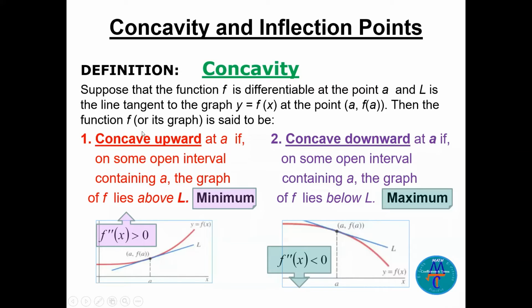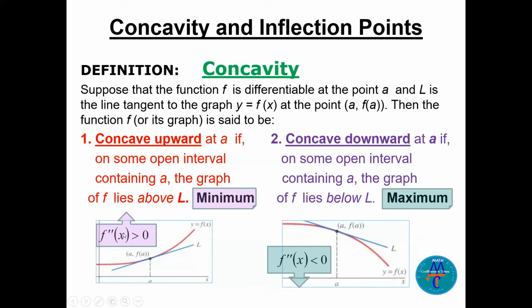Then the function f is said to be concave upward at A if on some open interval containing A, the graph of f, the red one, lies above the line here. See, that's concaving up. So the whole graph will lie above the tangent line.